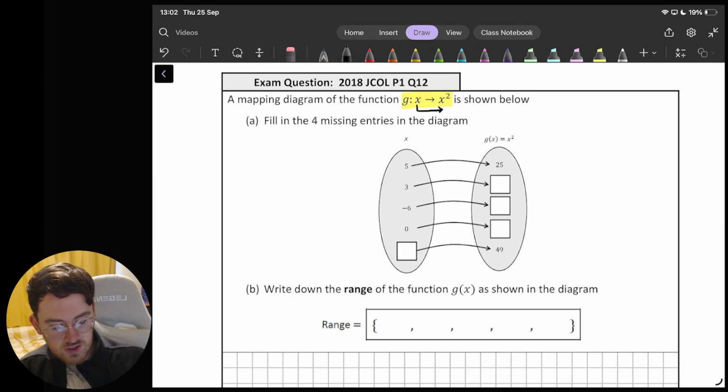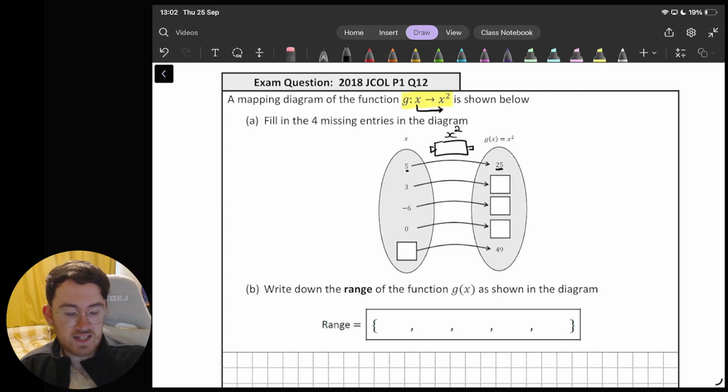We can see that in the first example: 5, once it goes through my function, becomes 25. Remember, the arrows represent that box, that machine idea we had before, where whatever goes in gets squared, and we get an answer.